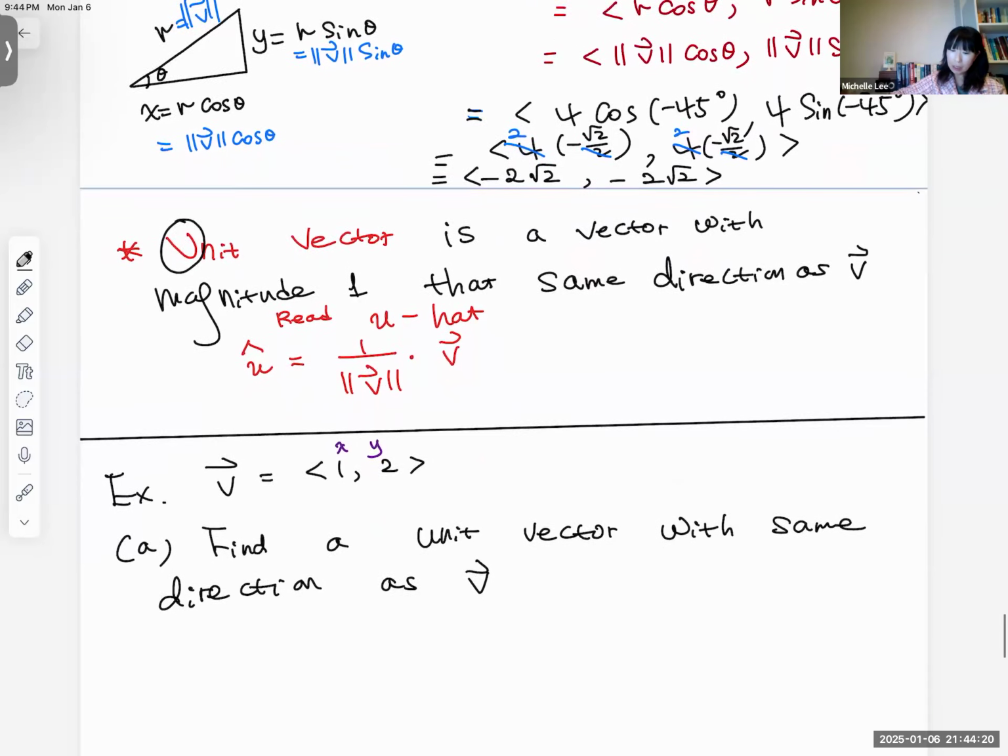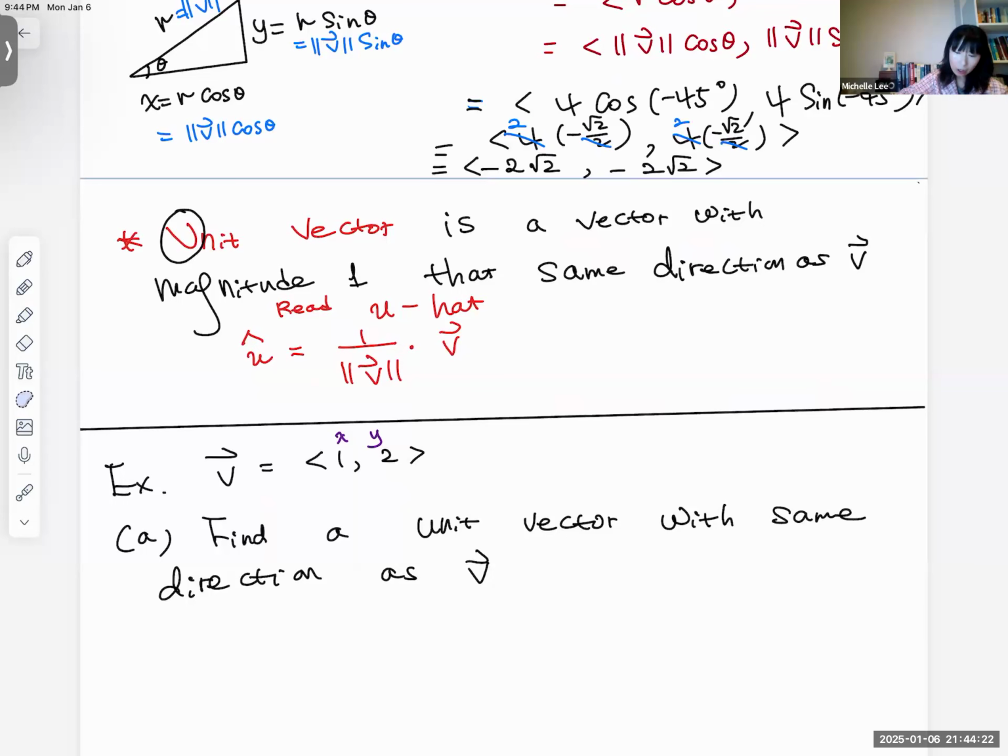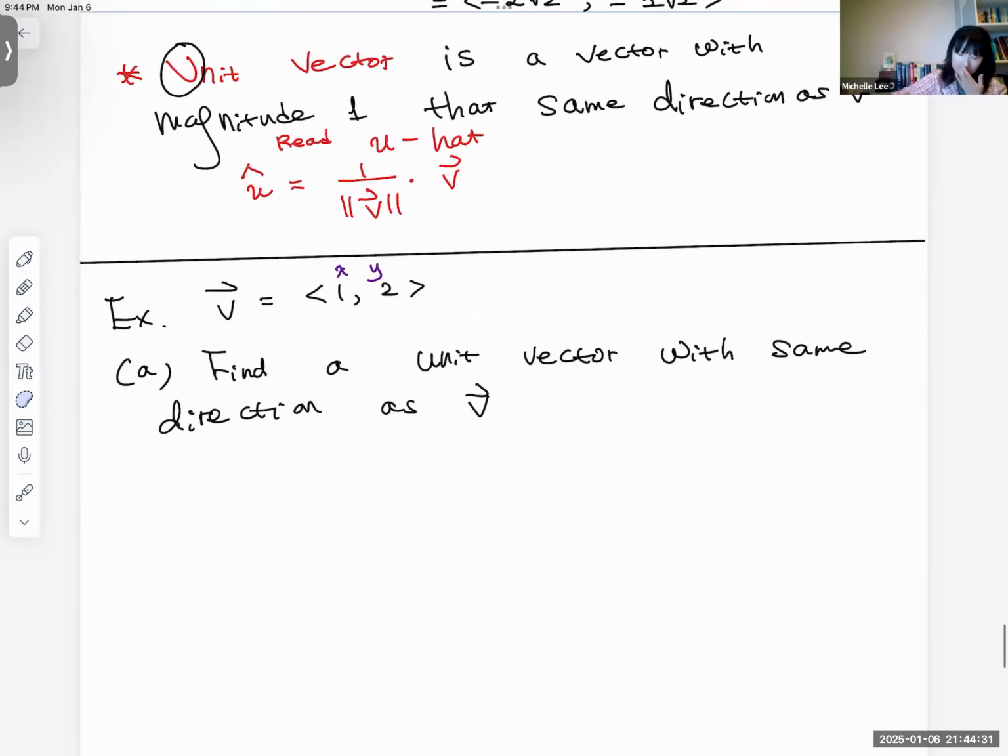We are using the formula u hat. So we want to know the magnitude of vector v. So 1 over the magnitude of vector v we had earlier, square root of x squared plus y squared, right?